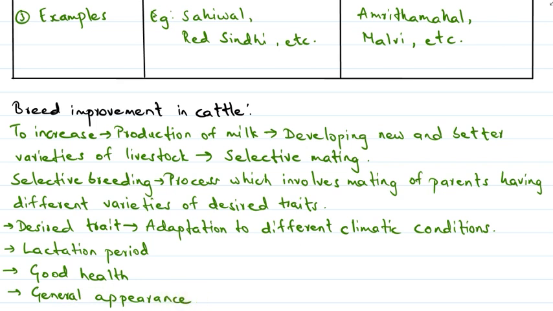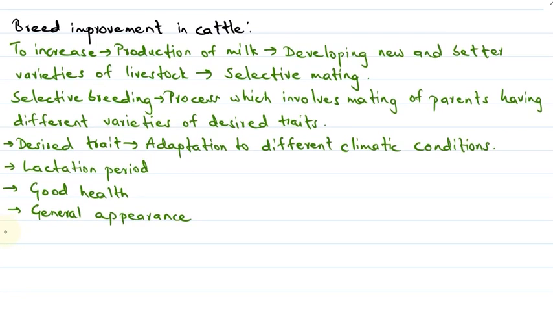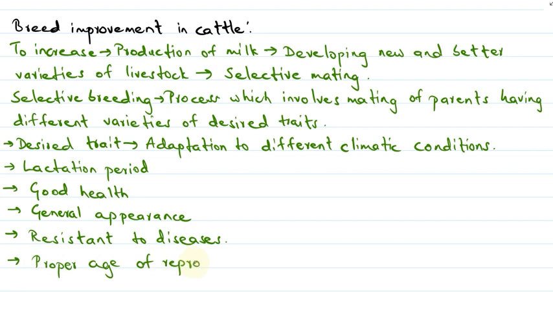Then apart from this, resistance to diseases, then the proper age of reproduction. Okay, all these traits are considered while performing selective breeding.